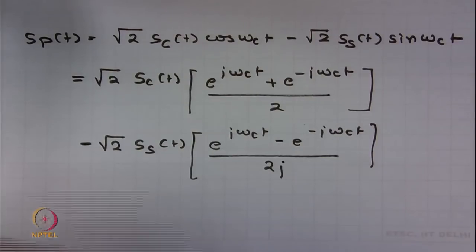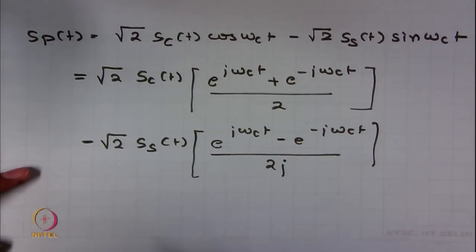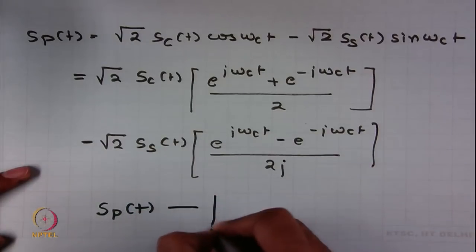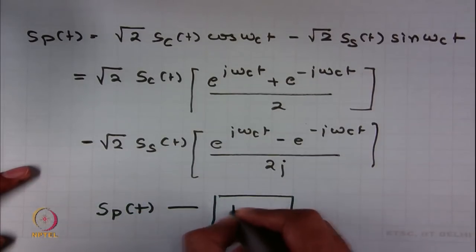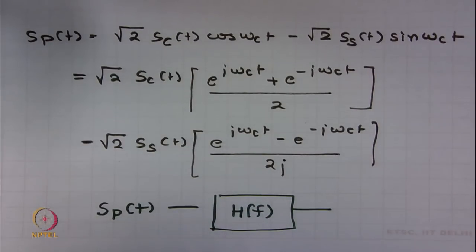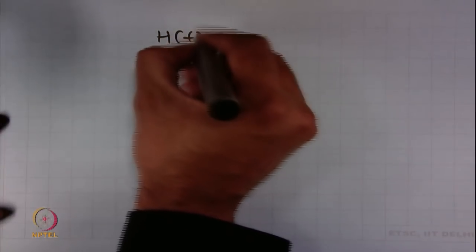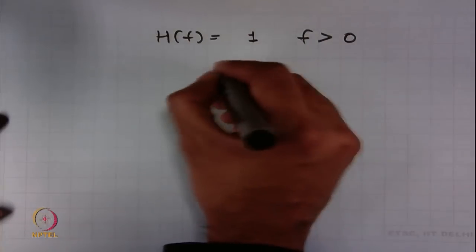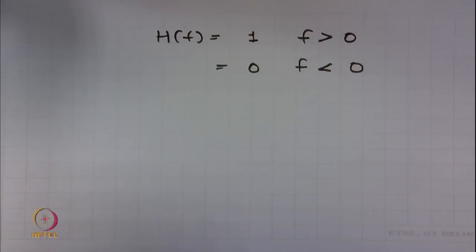Now, let us try to think what happens if I have S_p(t) and pass it through a Hilbert filter. Let us see, does something interesting happen? Hilbert filter we define as a filter whose frequency response is 1 for f greater than 0 and it is 0 for f less than 0, right. So, it is kind of a unit step in frequency.